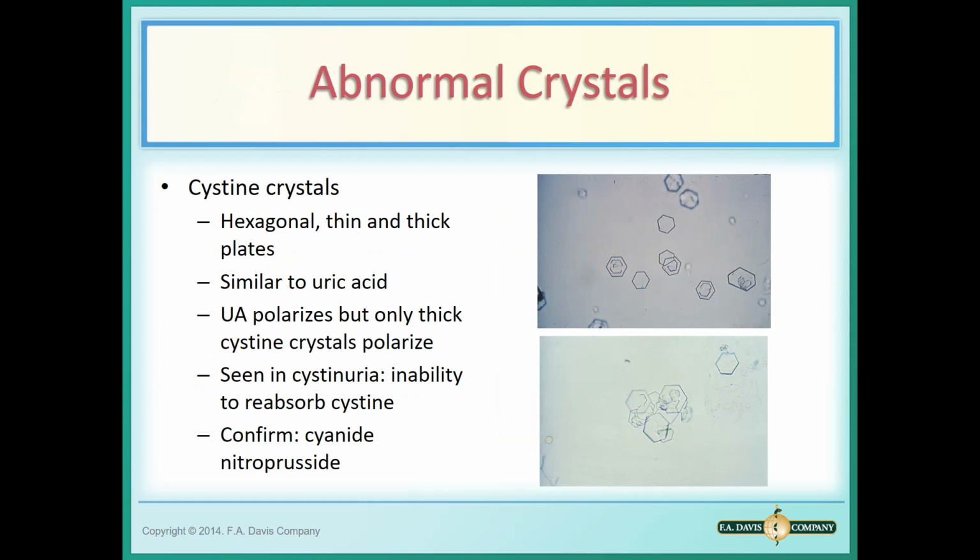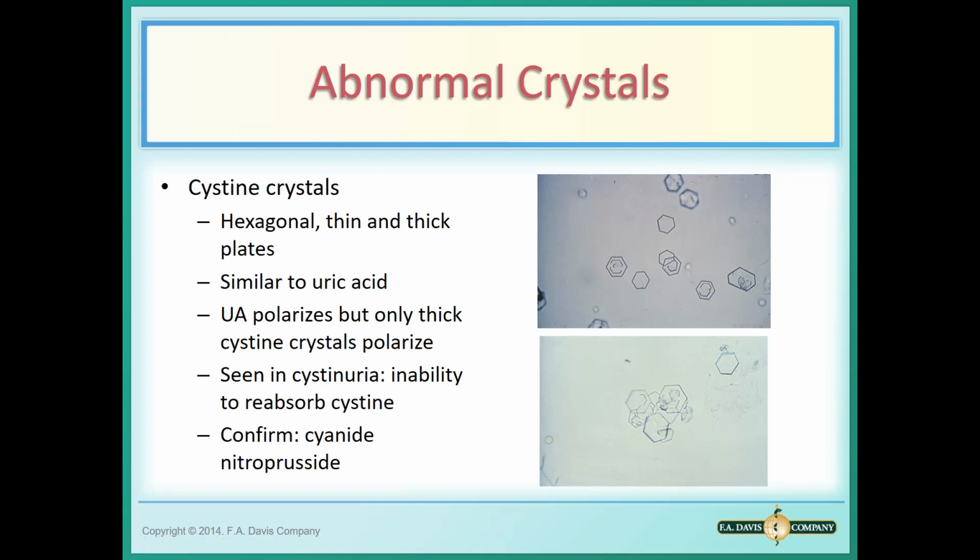Some of the really clinically pathologically significant crystals. Cysteine crystal, it's shaped in a perfect hexagon. So when we saw that picture of uric acid back there and it said, oh, it kind of resembles cysteine, it doesn't really, because cysteine is really in a hexagon shape, not kind of a rhomboid shape.